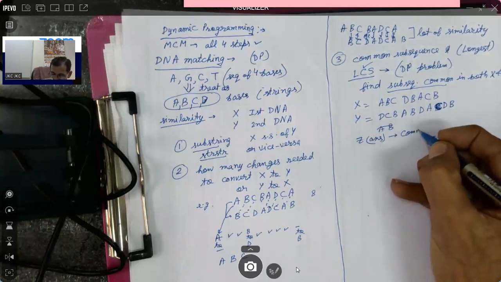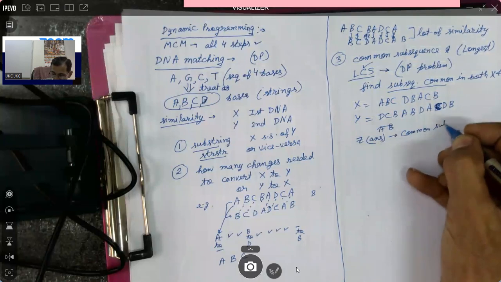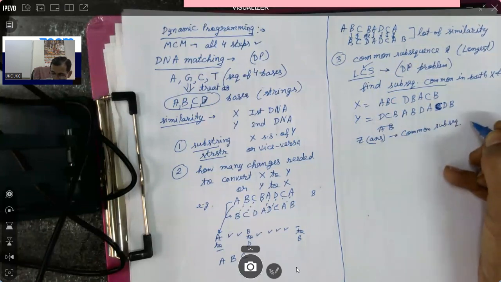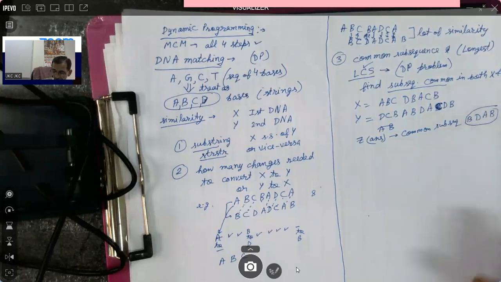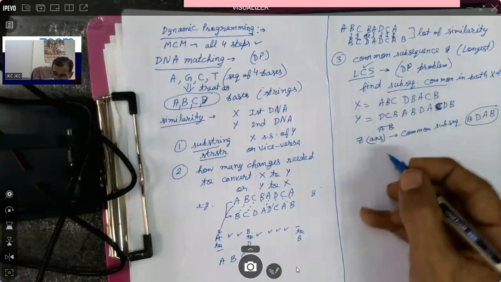A common subsequence can be something like B, D, and B, D, A, and maybe B, at least this one. Why? What does common mean?